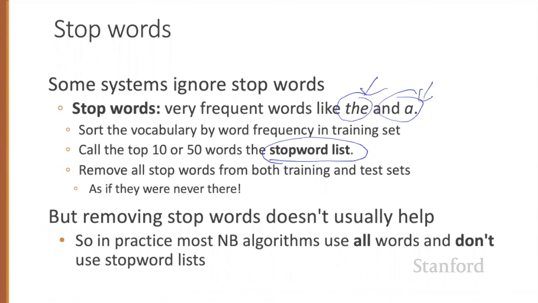And then we just remove all the words on the stop word list from both the training and test sets as if they never occurred. Although removing stop words helps in some NLP algorithms, it turns out it's not usually helpful in naive Bayes text classification. So in practice, most naive Bayes algorithms use all the words and don't use stop words lists.